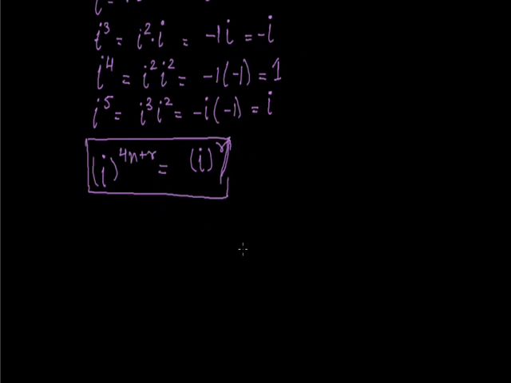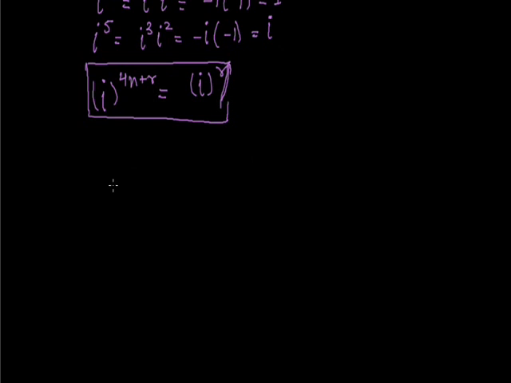Okay. So if I want to find the value of iota power 1999, I can write it as iota power 4n, where 4n is a multiple of 4.